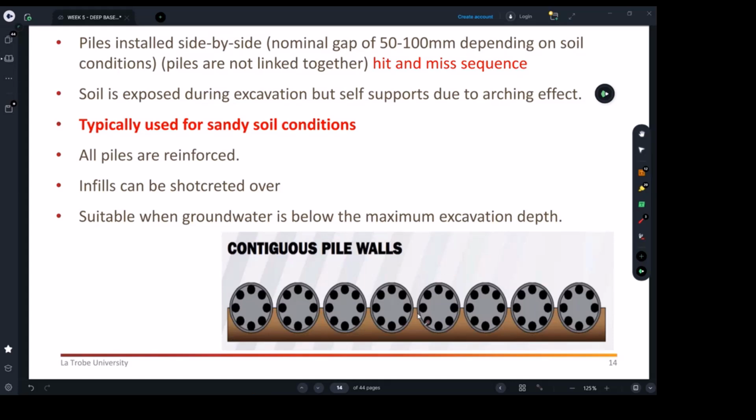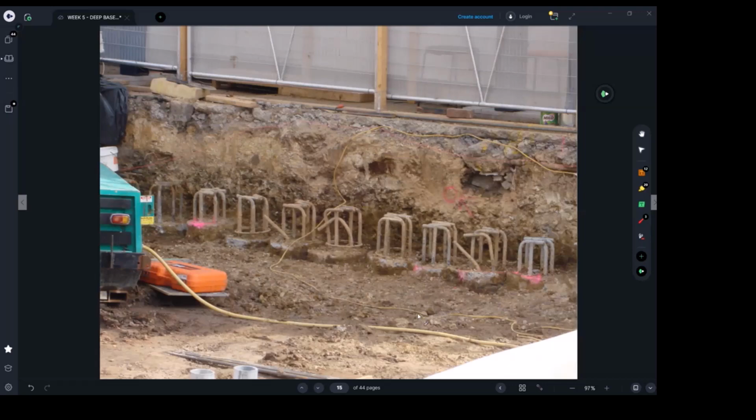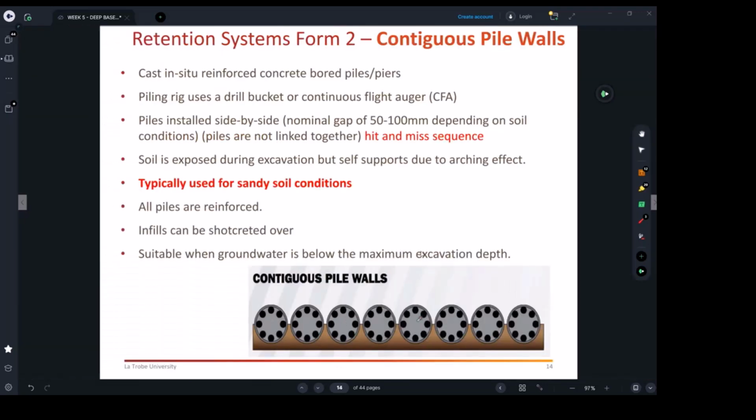That's again a cost and a problem, and it will destabilize the system. In that case, we're going to go with the third type, the secant pile method, which I will show you as the last type.